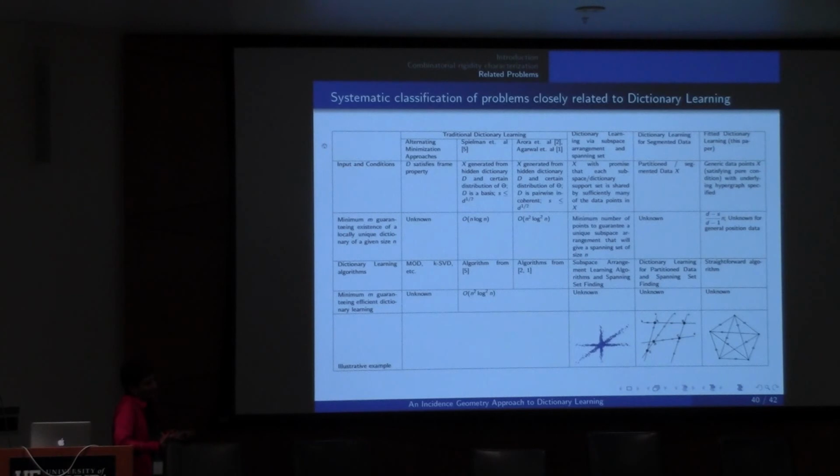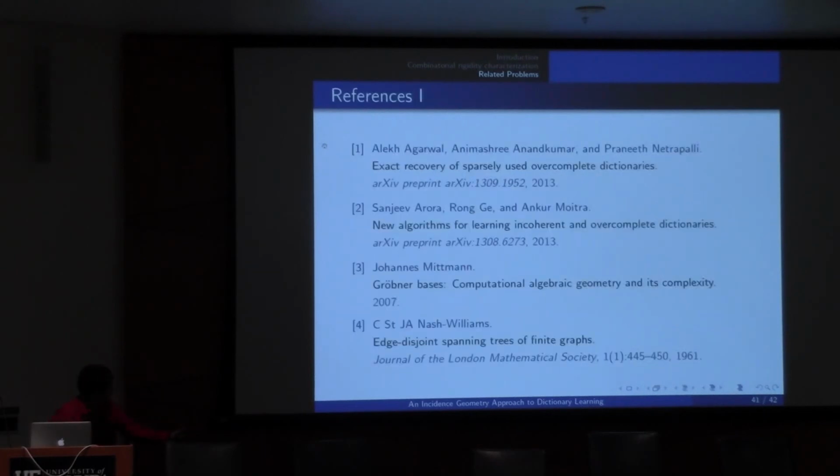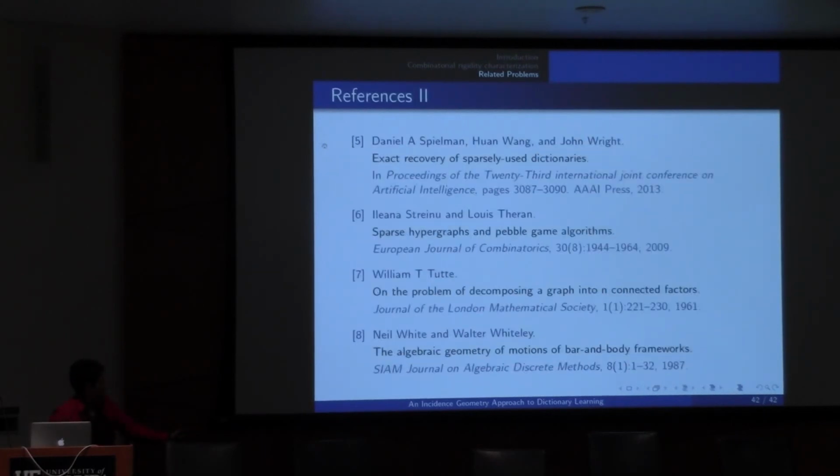But the SVD methods don't care, right? They don't care. Our method, which I have here, let me just go through this for completeness. This is White and Whiteley, by the way.